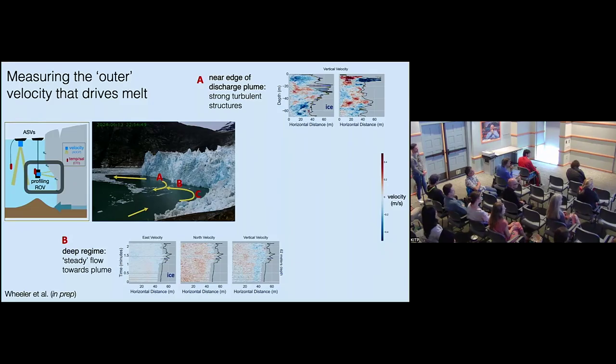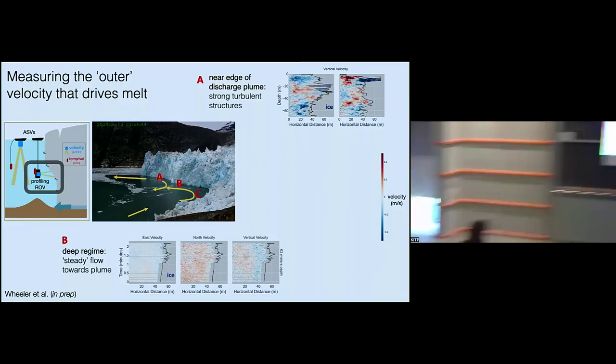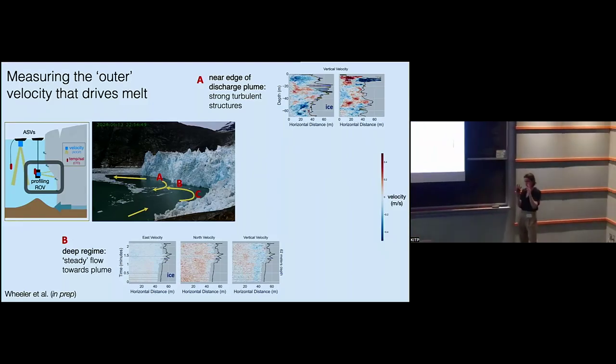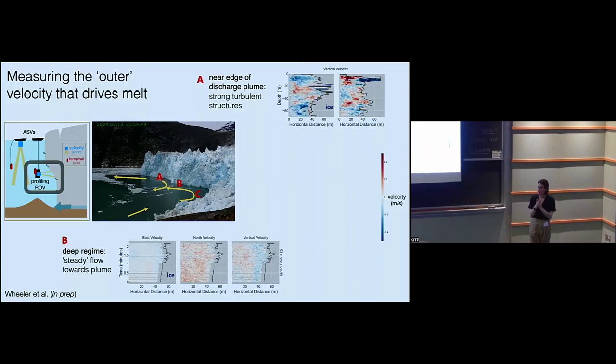So you're thinking of detrainment from the main discharge plume? Correct. Yeah, we have a few CTD profiles from within the plume and a lot from right outside. And I would say we see no real signal of detrainment from the subglacial discharge plume until you get to the surface layer, where all chaos breaks out.